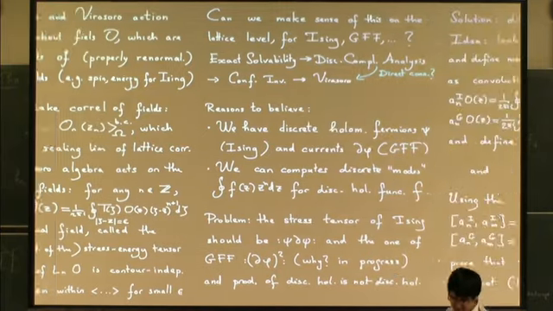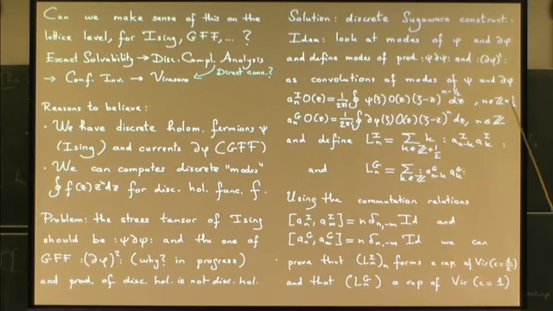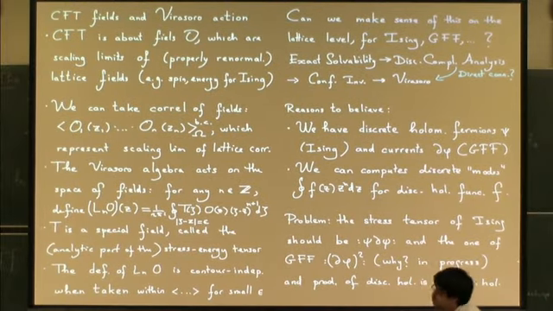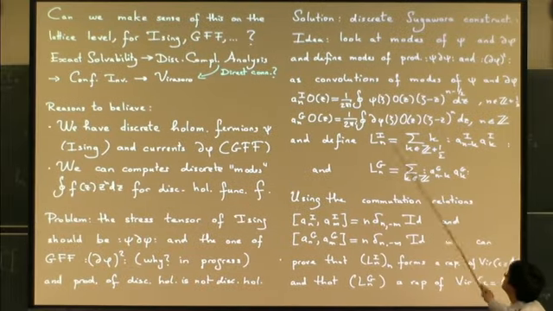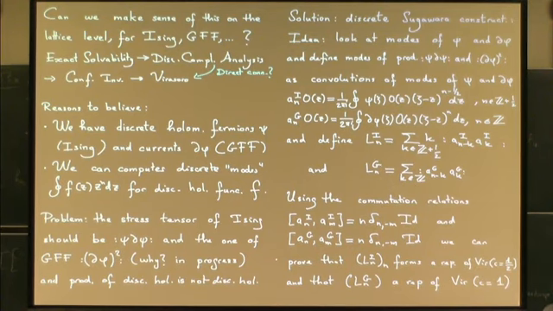So we have a solution. The solution is the so-called discrete Sugawara construction. The idea is, we'd like to define for Gaussian free fields the modes of this square on the lattice level. But we can only define the modes of the poor guy, not the square, on the lattice level. What do you do? Well, it's fairly simple when you think about it. Actually we cannot define the modes of the square, but the modes of the square are the convolution of the modes.